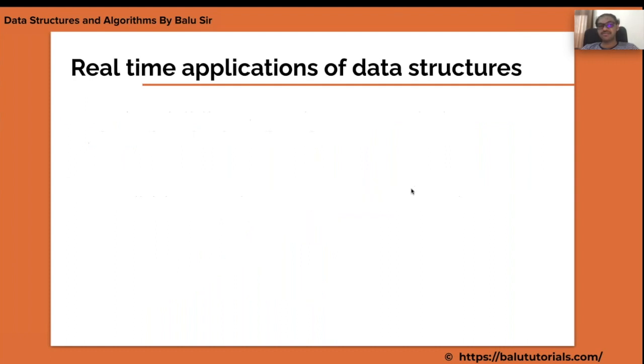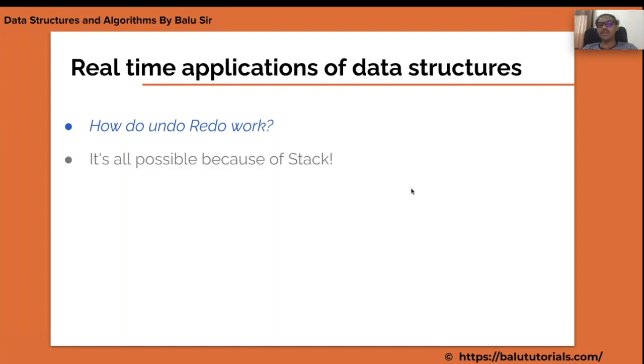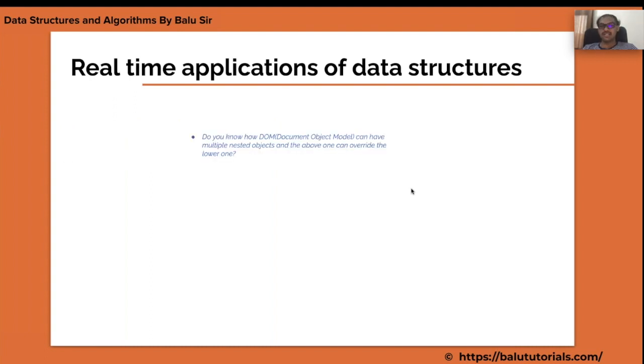Even the redo operation, if you press Control Z, redo also works in real-time applications. There are lots of scenarios where real-time applications are there. I gave some useful examples: call centers, IDE, Facebook graph APIs, and redo. These all work based on data structures.